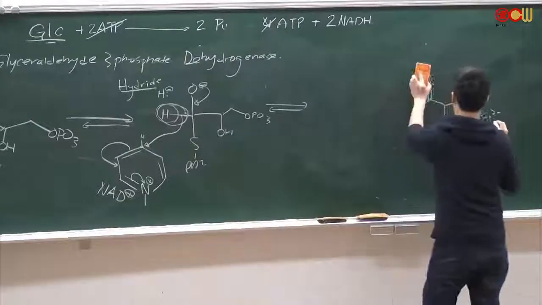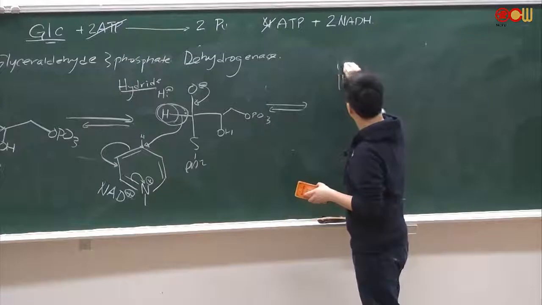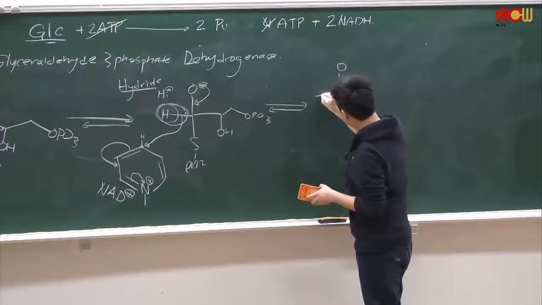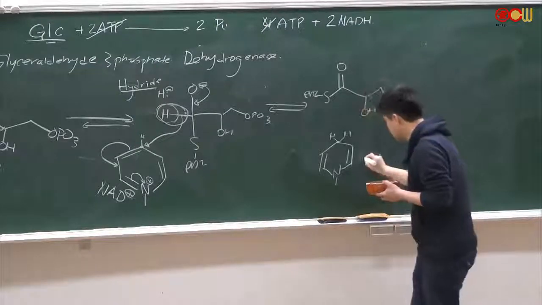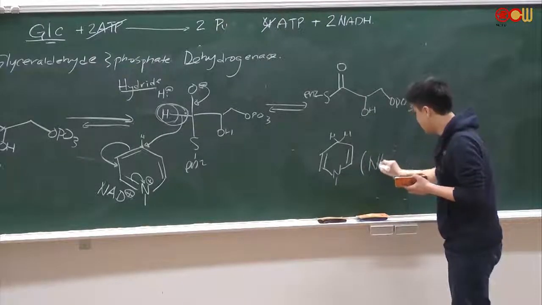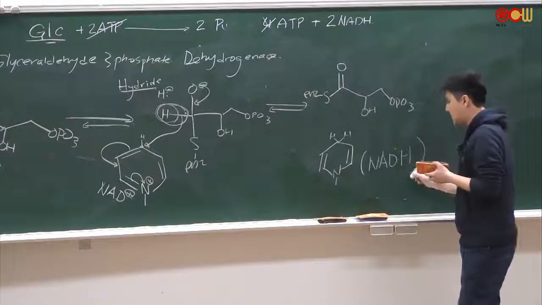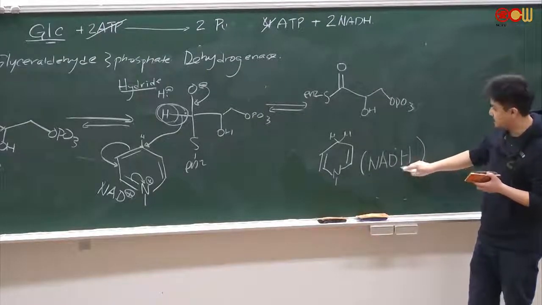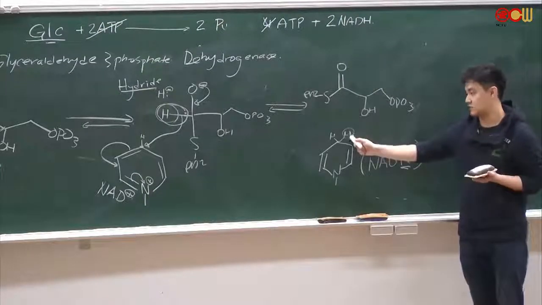So at the end, what you generate, let me erase this real quick, is your, this thing is now NADH. By NADH, the H signifies that it now has a hydride on it, it has a hydrogen on there.